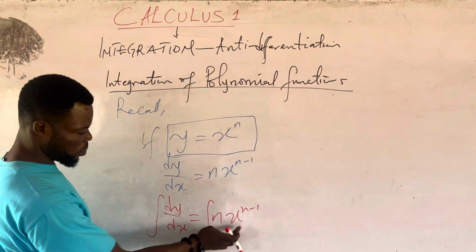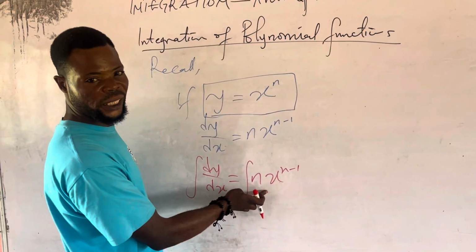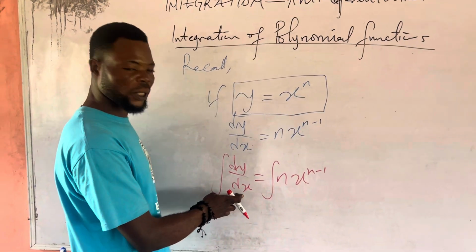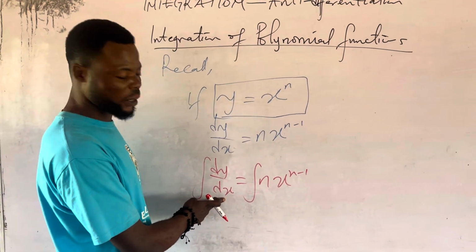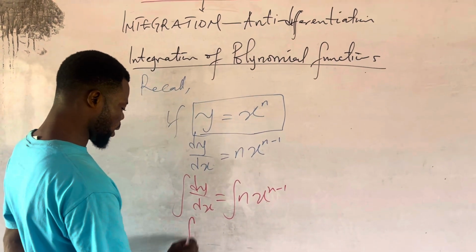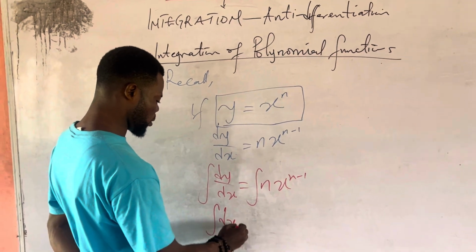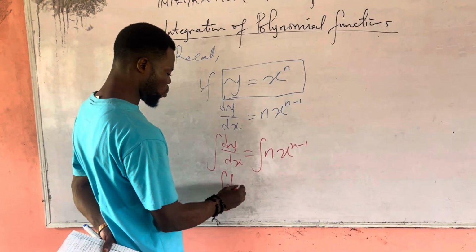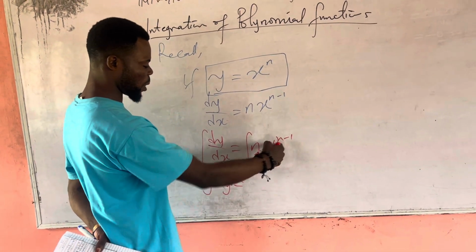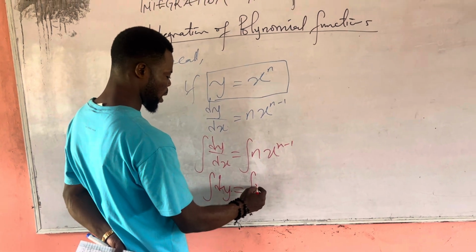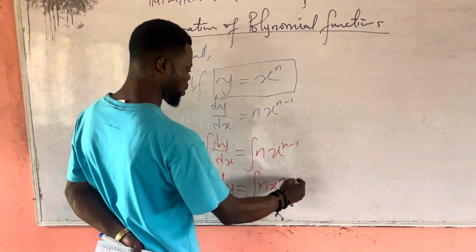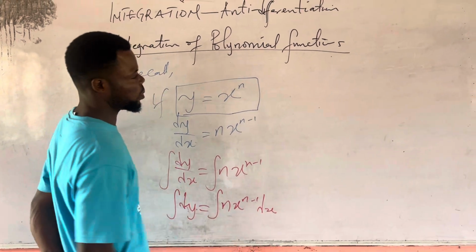Now, we need to integrate this integrand with respect to the variable, which is x. So we can write this as the integral of dy equal to, when we cross multiply, this is the same thing as n x^(n-1) dx.